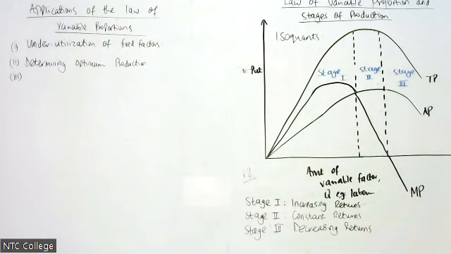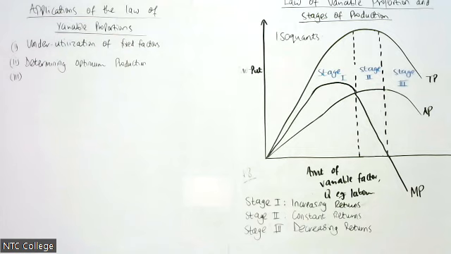The third application area, number 3, it helps producers understand the limits of a fixed factor of production.